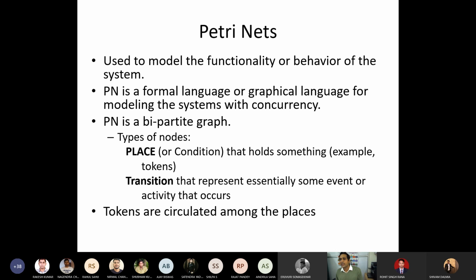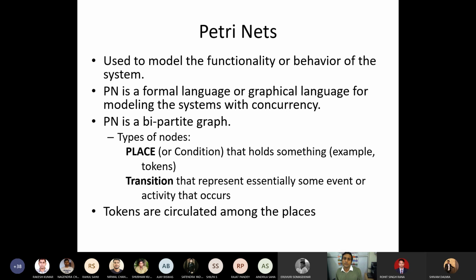Every system should have some data which will be given as input to the system, and some conditions need to be met. If those conditions are met, then the processing will be carried out. That is what we try to model, that's the way we model the behavior of the system.